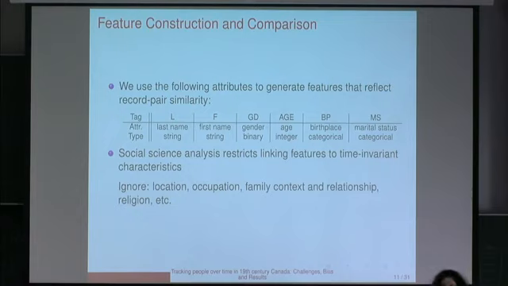Because if you would use that in the linkage process, then definitely the resulting links that you're producing are going to be biased towards those people that stay in the same occupation. So then when you're performing the analysis, you're going to lose lots of people that change occupations. So you're not going to be able to perform such an analysis. So that's why we're using a very limited number of features.